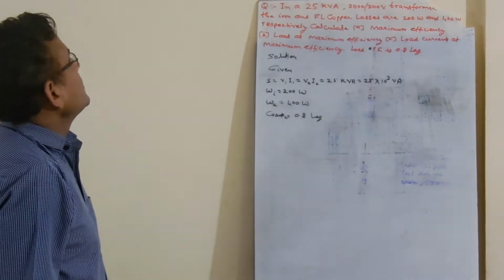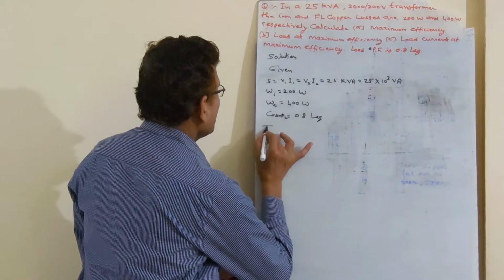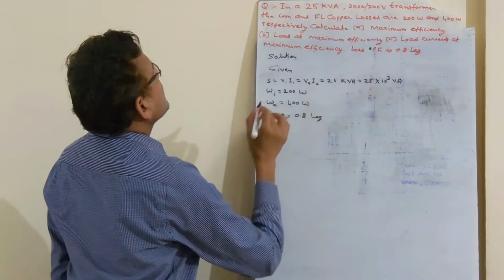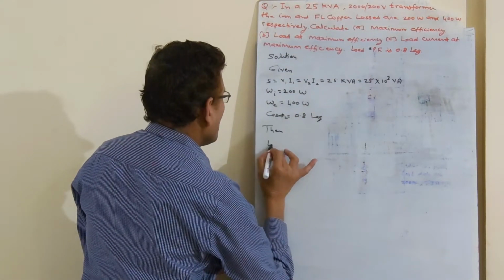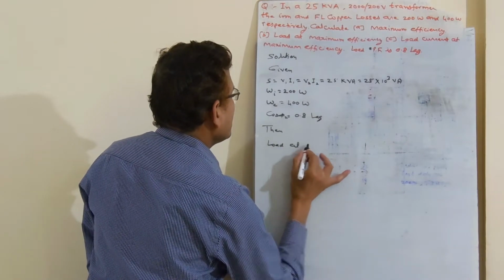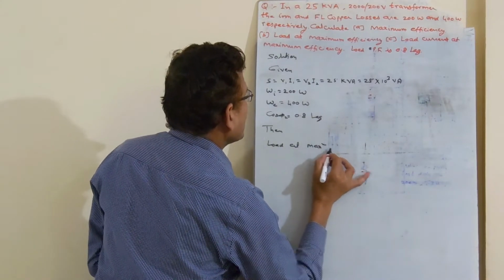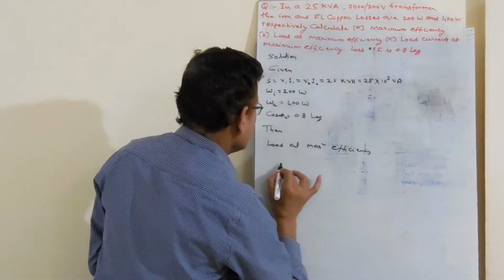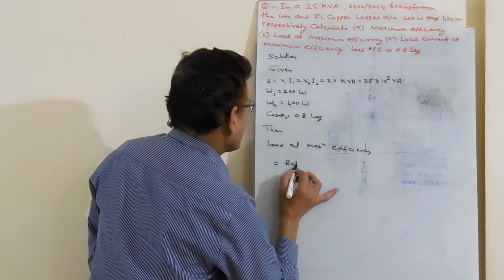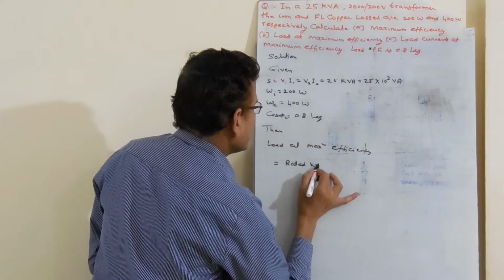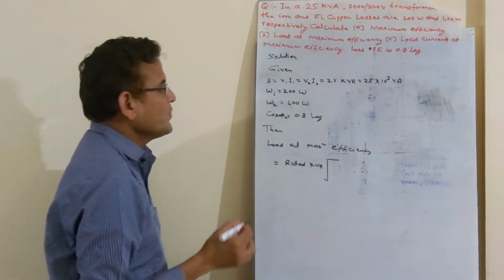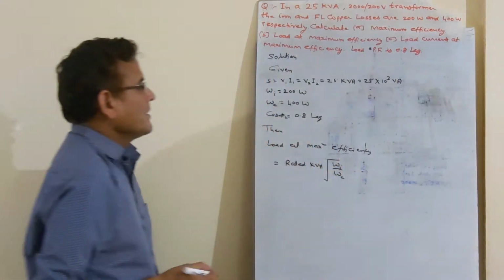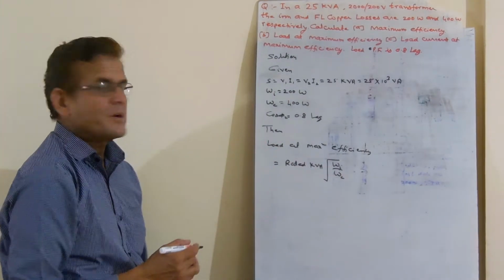Then load at maximum efficiency will be equal to rated kVA into square root of iron loss upon full load copper loss.